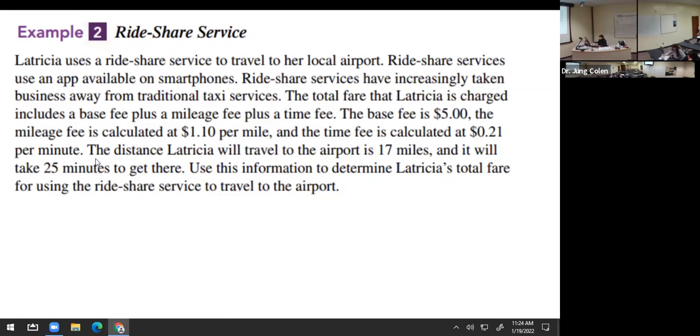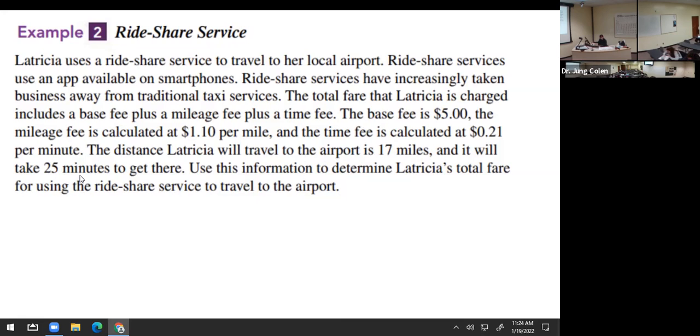And let's look at the next sentence. The distance Patricia will travel to the airport is 17 miles. So we are given the distance here. So it can be calculated for which fee? Base fee, mileage fee, or time fee? That's 17 miles. Mileage, so it's going to be the distance fee, right? How about this? It will take 25 minutes to get there.